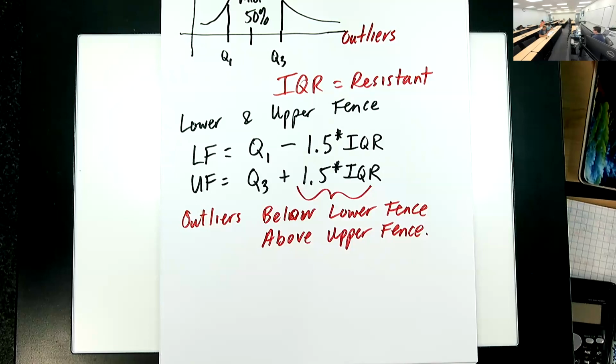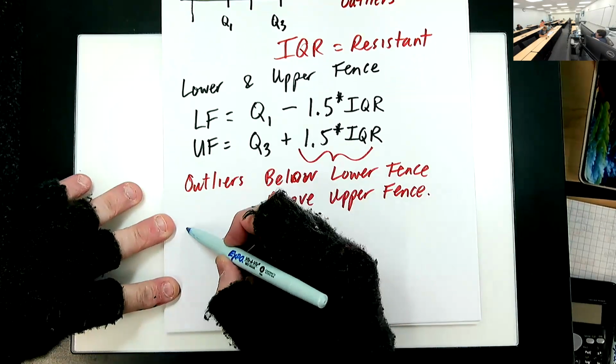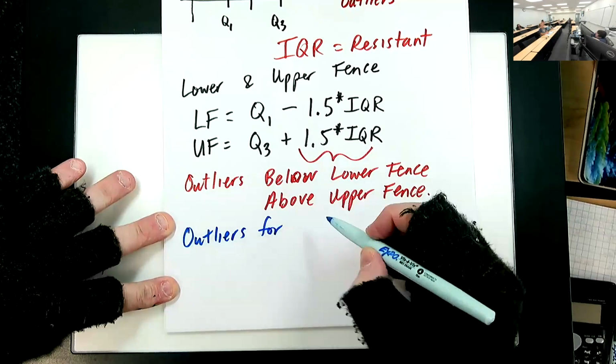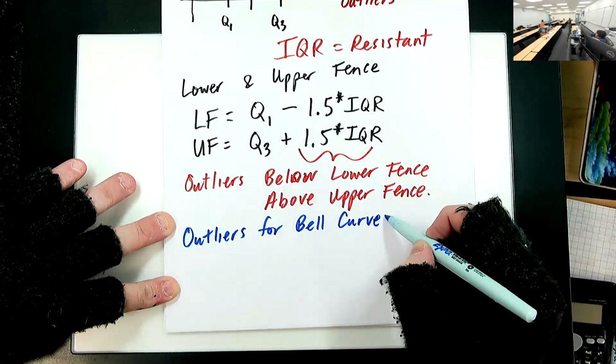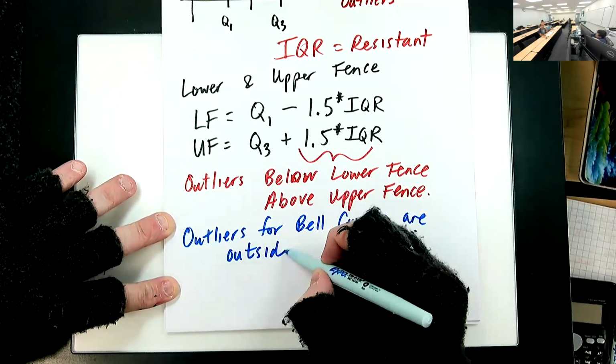And if I didn't mention it earlier, if you want to know where the outliers are on the bell curve, outliers are outside 2 deviations.